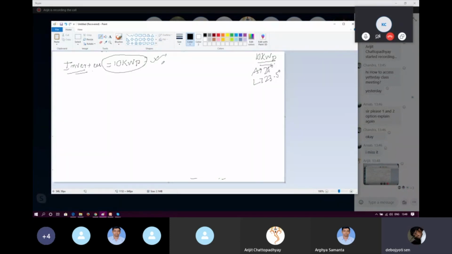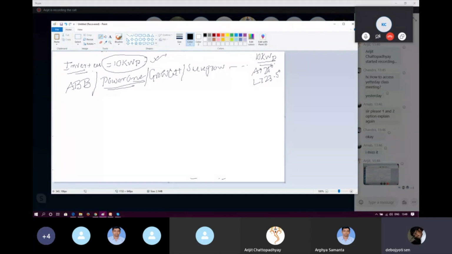Now, after taking a 10 kilowatt peak inverter, we need to decide the brand. There are various manufacturers, for example ABB, Power One, Growatt, Sungrow, and so on. For this design, we are considering a Power One inverter of 10 kilowatt peak.